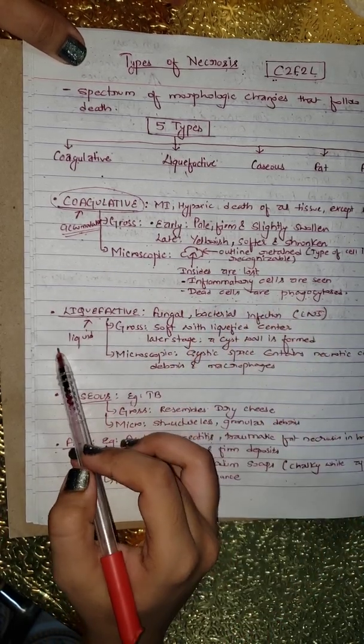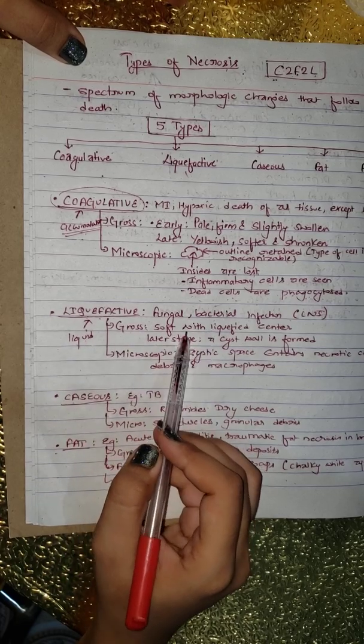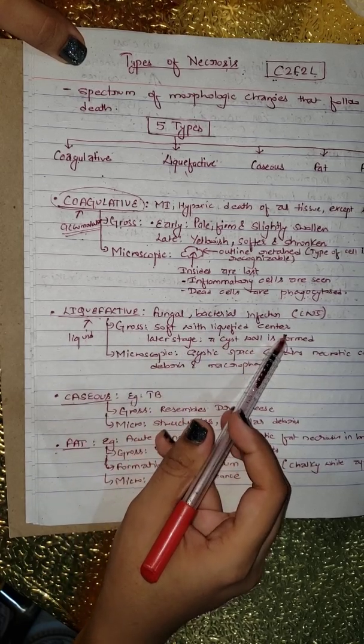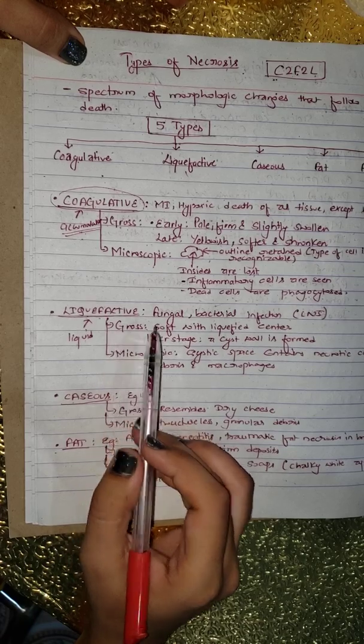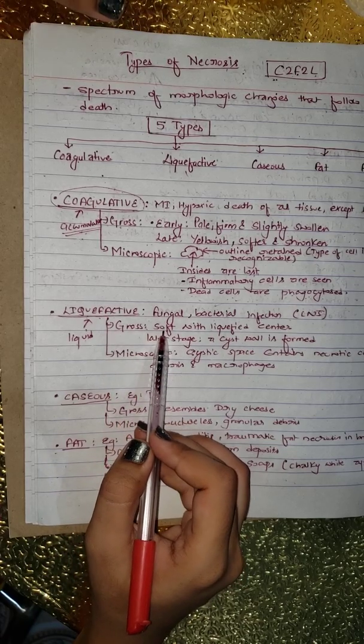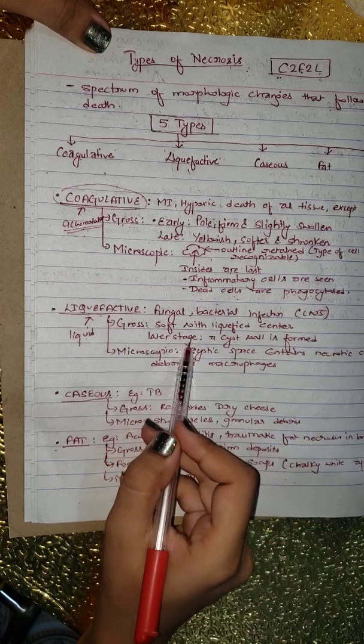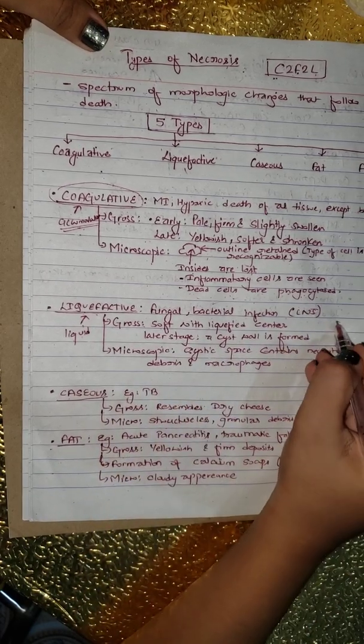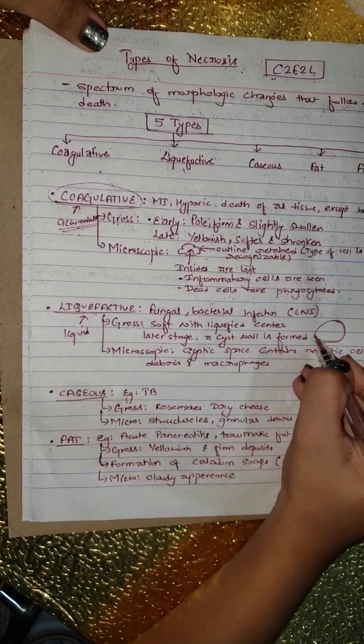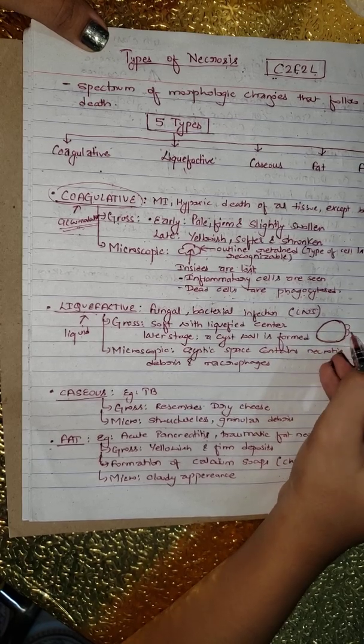During liquefactive, we can write soft with liquefied center. In the gross examination, we can see the cells are soft and the insides are liquefied, but in a later stage a cyst wall is formed.